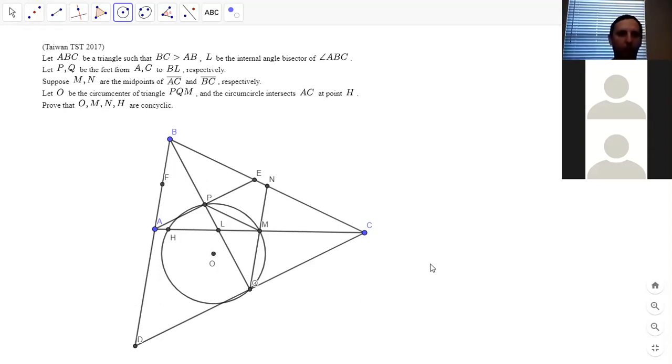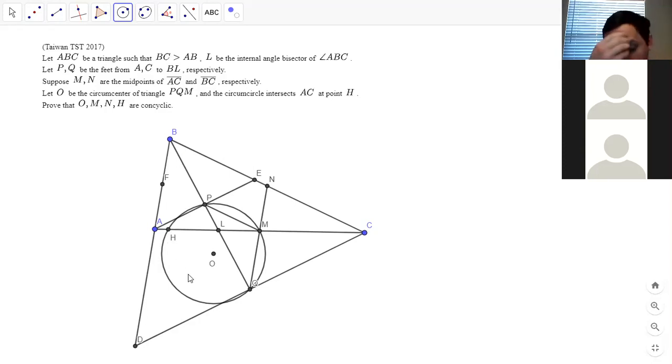Well, it would be if the problem was true. So we could try to show that BH is perpendicular to AC.